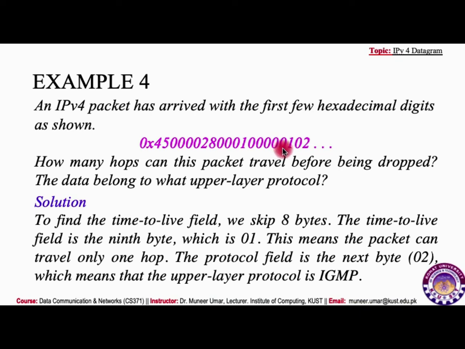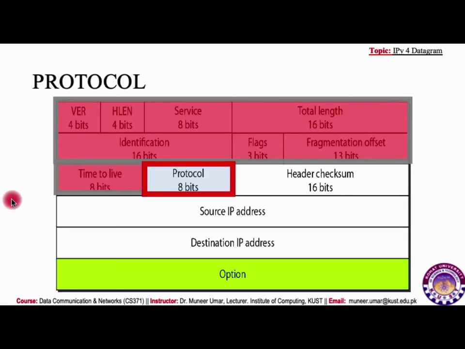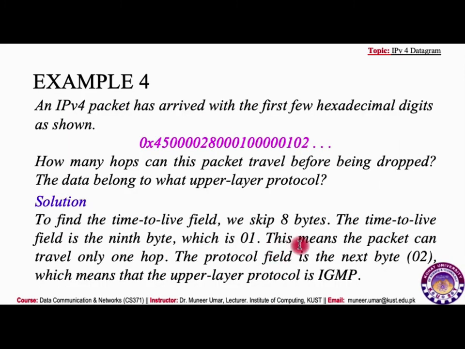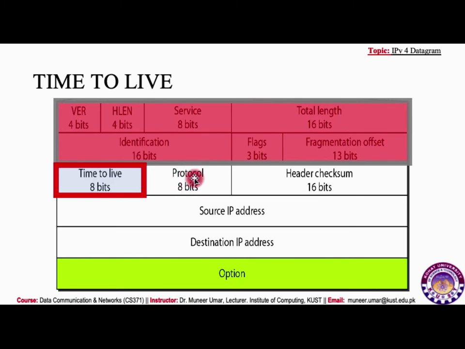This one is 01 for the ninth byte. For the 10th byte we have 02. The 10th byte is taken by the protocol. This means the packet can travel only one hop. The protocol field is in the next byte, 02, which means that the upper layer protocol is IGMP. This one is 02. Here we have the protocol in the next byte.